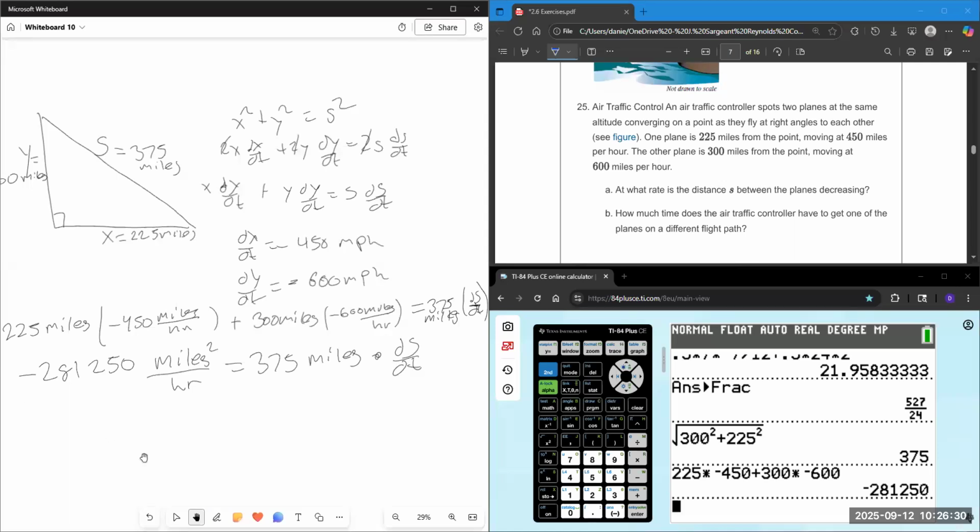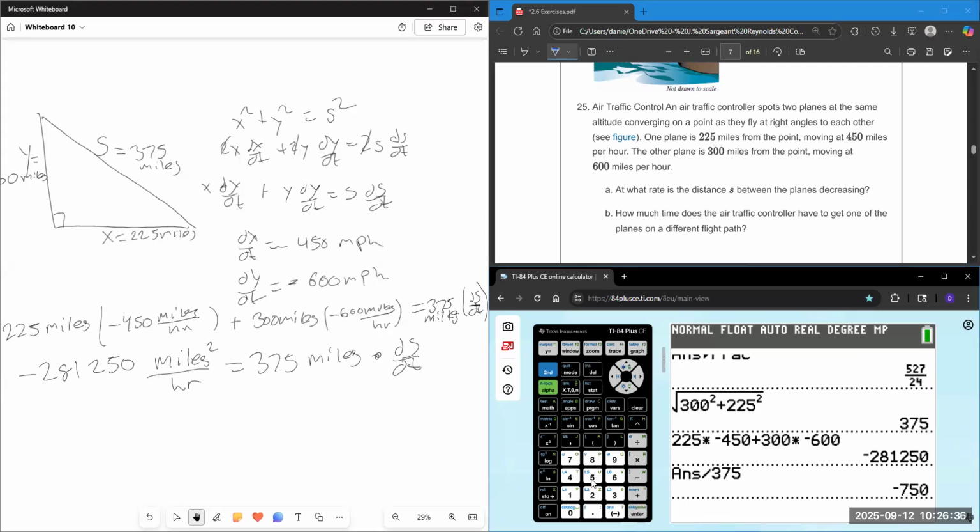So I'm going to take that number and divide it by 375, and I get an answer of ds/dt is a negative 750 miles per hour. How is that going to help me answer my question? So that was part A.